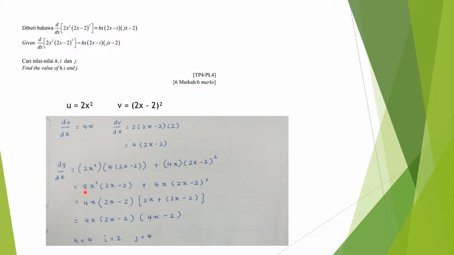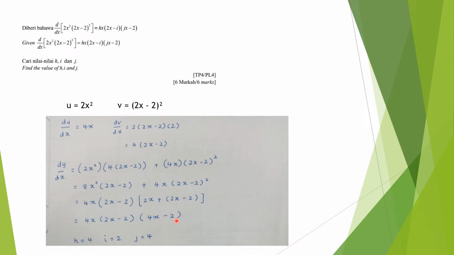Now 4x, you just take out 4x, so left 2x. This 2x minus 2 we already take out. Then from the second term, 4x is already taken out. Okay, we already factorize. So left is 2x minus 2, because since it's the power 2, so left 1. So we simplify here. 2x plus 2x will be 4x minus 2.